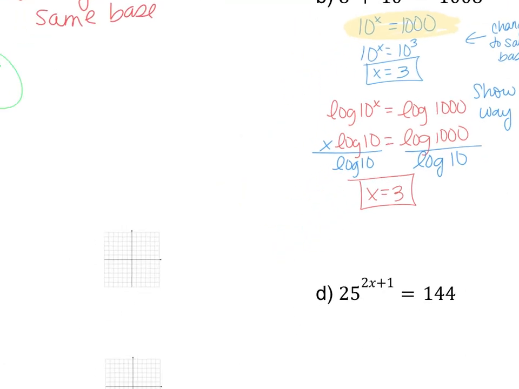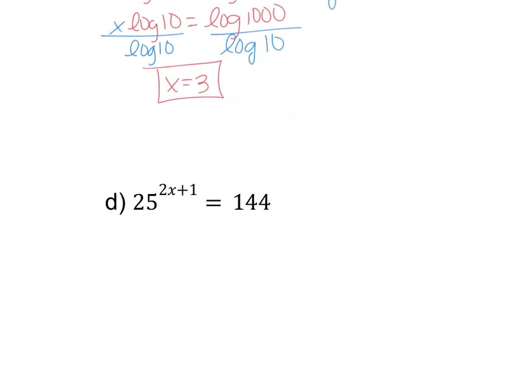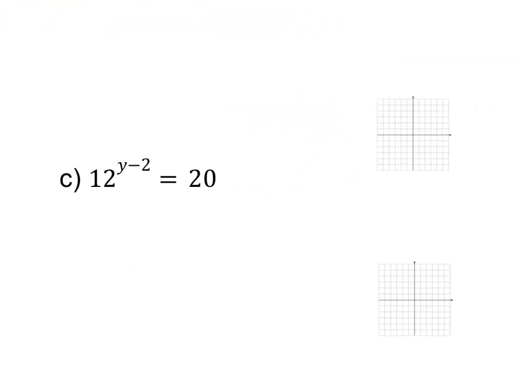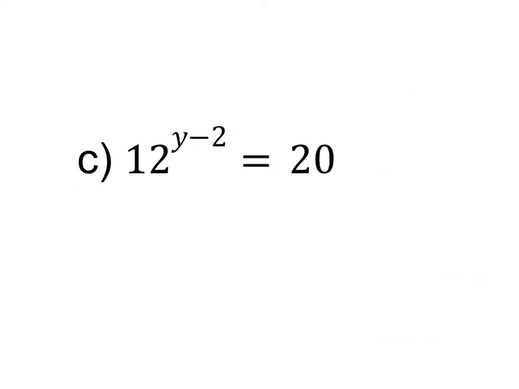Okay, 2 more of these. So, oh, that's kind of random, I have some random graphs in there. That's fine. Okay, so on this one, 12 to the y minus 2 equals 20. Can I write those as the same base? No, right? You can't do it. So now let's take the log of both sides.